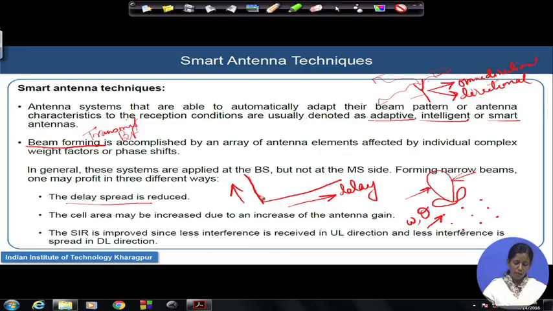The direct line of sight path arrives with some initial delay from the transmitter, because transmitting time and reception time cannot be instantaneously the same. So if this is t equal to 0, with the initial transmit to receive delay, after that time the line of sight path will come from transmitter to receiver. Then after fast reflection, the immediate next path will come, then the third one, the fourth one, and the fifth one will come like this.